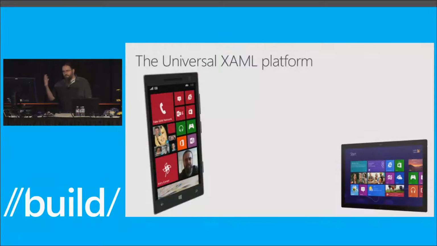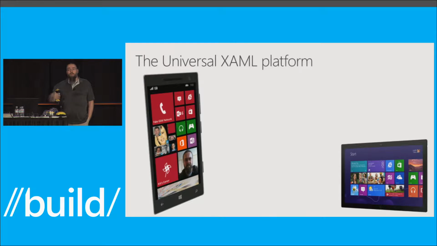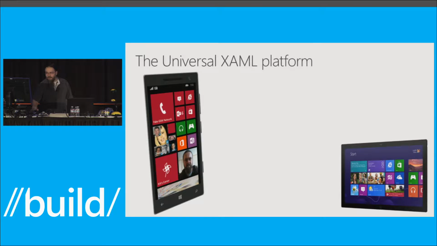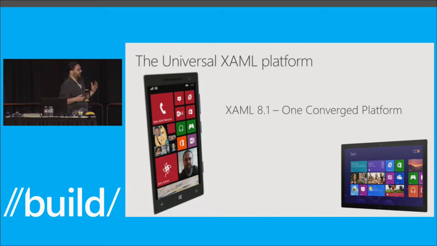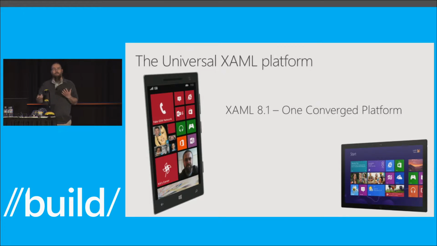As I said, the talk is about the universal XAML platform. I will not cover any topics about HTML or about the Windows Phone Silverlight platform. I will use Windows Phone Silverlight a little bit as a reference point when I talk about some of the improvements in platform and tooling, but everything I talk about is really about the new universal XAML 8.1 platform.